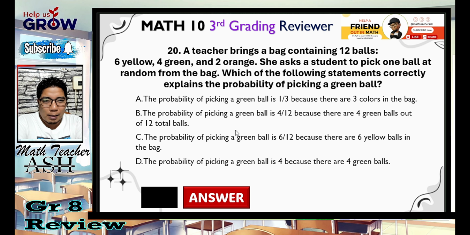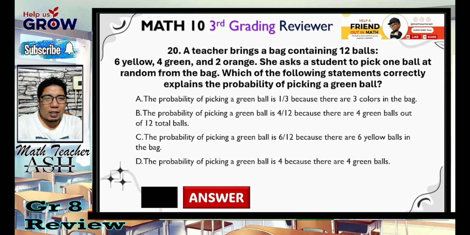A teacher brings a bag containing 12 balls: 6 yellow, 4 green, and 2 orange. She asked the students to pick one ball at random from the bag. Which of the following statements correctly explains the probability of picking a green ball? Is it A, the probability of picking a green ball is 1/3 because there are 3 colors in the bag?